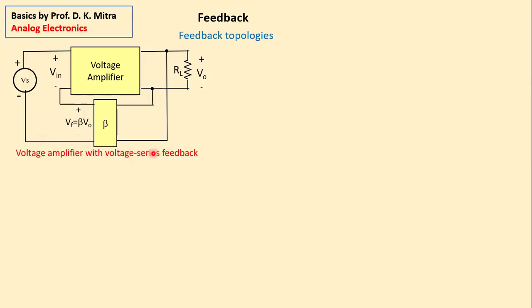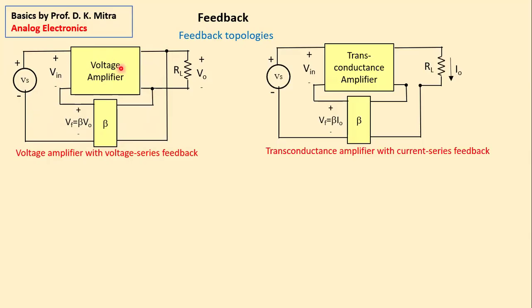The series term applies here. It is in series, right? And the voltage term applies here, that the output is taken as voltage, and the original amplifier is a voltage amplifier. Next comes another topology, the transconductance amplifier, where the input is a voltage, output is a current.